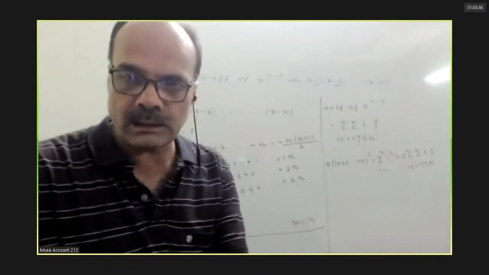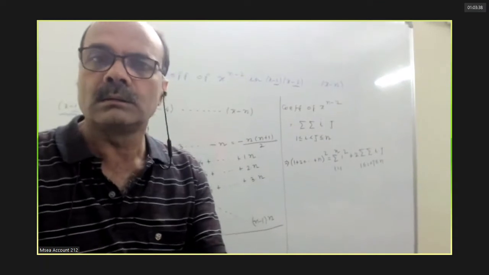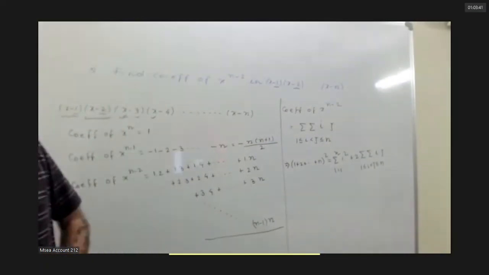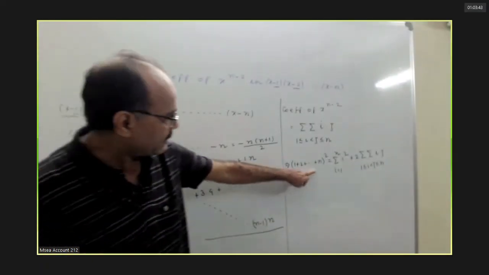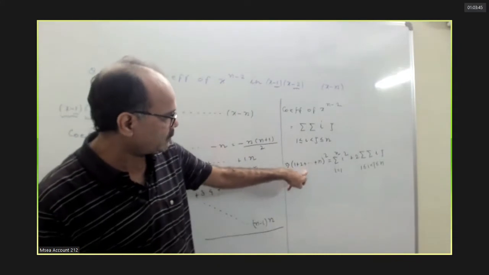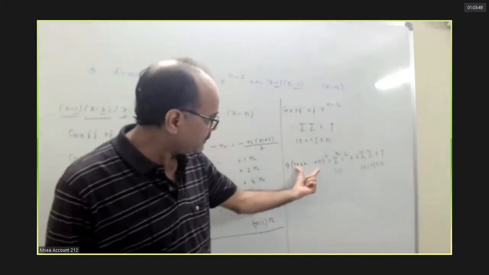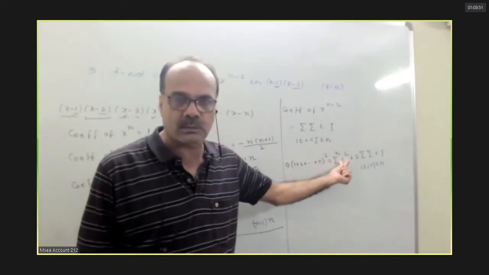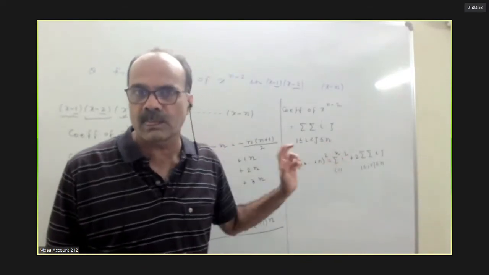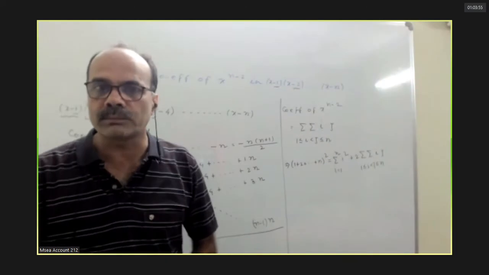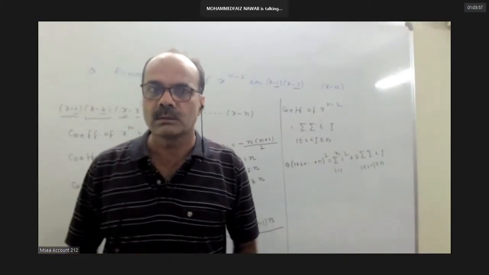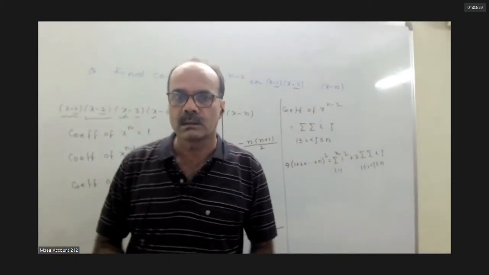Is the last line visible? Yes, sir. If you expand it, this will be 1 square plus 2 square up to n square plus 2 times the double summation of this. And we know this value, the sum of squares of n natural numbers. Okay?